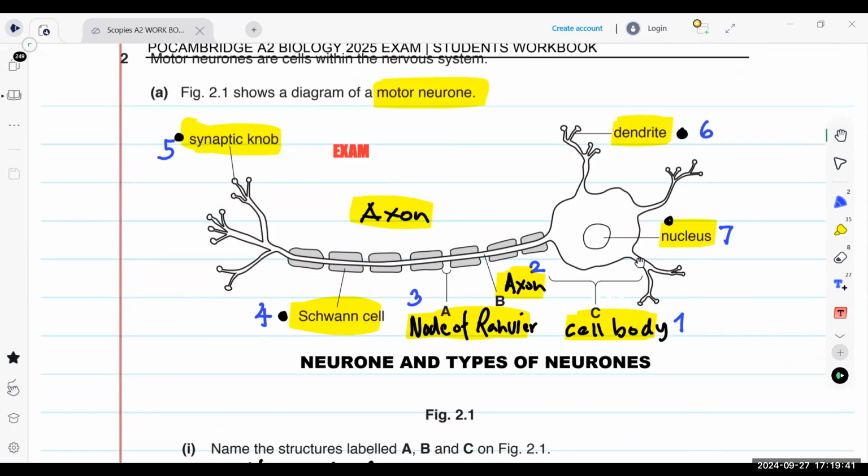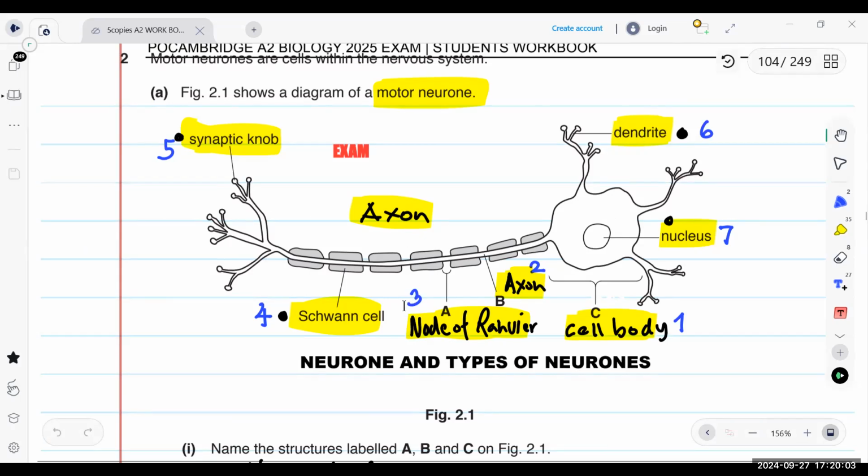This basic functional unit of the nervous system is the neuron. This is a typical neuron, and we can find the long tail-like thing called the axon, and the cell body, and the dendrites, and the synaptic knob.